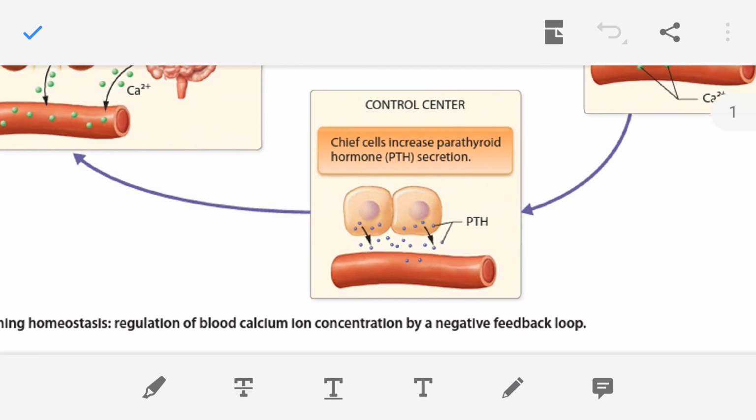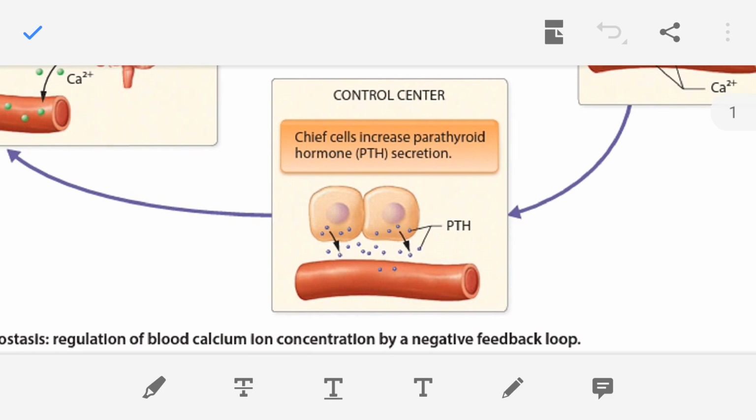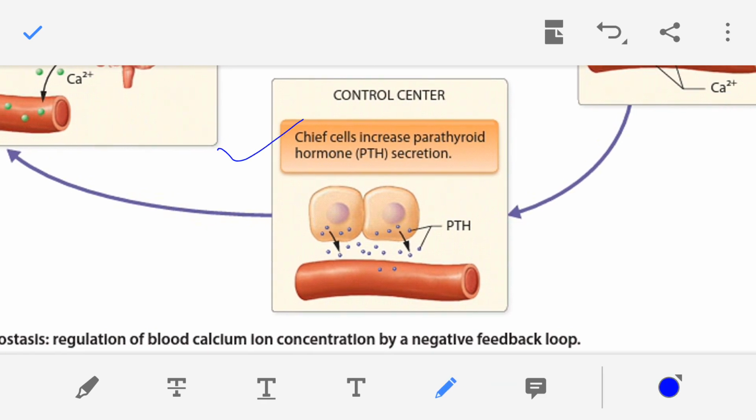Now in the control center, the chief cells increase parathyroid hormone secretion. Chief cells are shown here, and in the figure you can see they are secreting PTH.